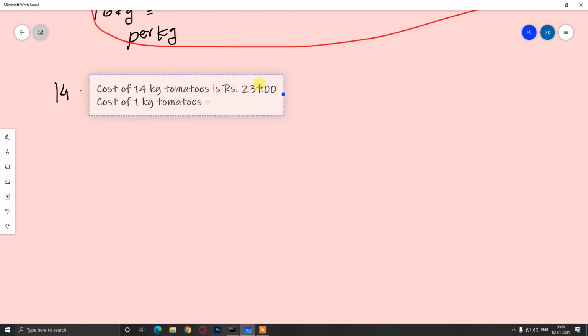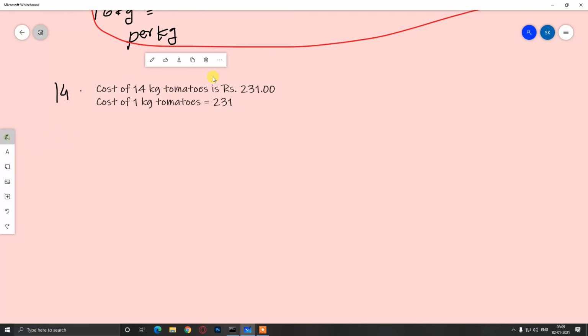will be equal to what? You just have to divide the total amount by the total kg. So the total amount is 231, and we will not write the .00, because 231.00 or 231 are both the same thing.